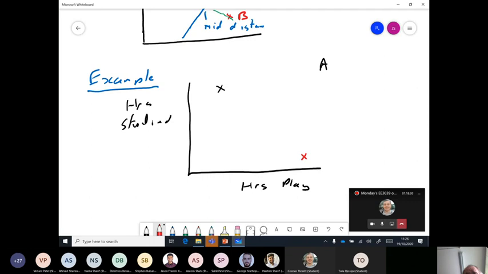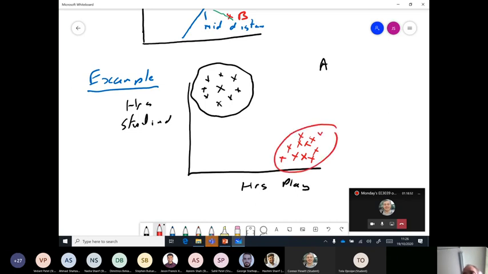And for the whole class, let's assume we've got a distribution, these points. So these are all the good students. And these are all the students who are not going to pass the exams. They're enjoying themselves, but that will not go on forever. So we've got our cluster B there.